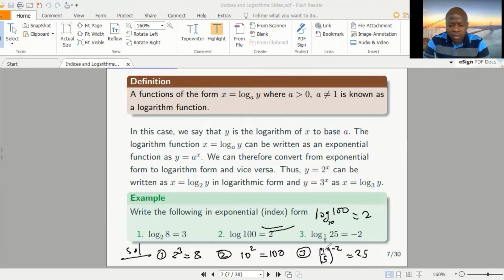Now, when you write this as 5 raised to 2, so that this one is positive, you would find that 5 raised to 2 is 25. We've done this one before. Although you can leave it at this point, there's no harm in simplifying further.